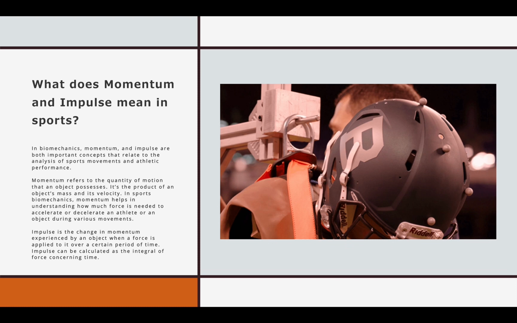In sports biomechanics, momentum helps in understanding how much force is needed to accelerate or decelerate an athlete or an object during various movements. Impulse is the change in momentum experienced by an object when a force is applied to it over a certain period of time. Impulse can be calculated as the integral of force with respect to time.